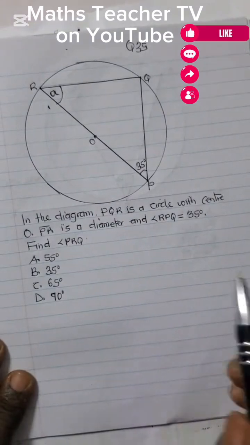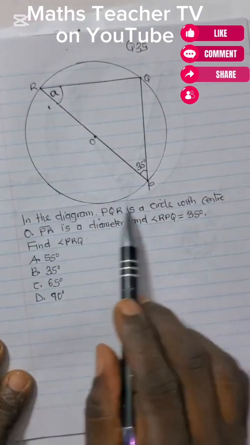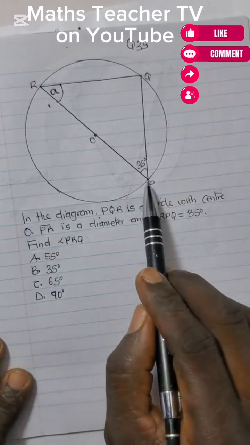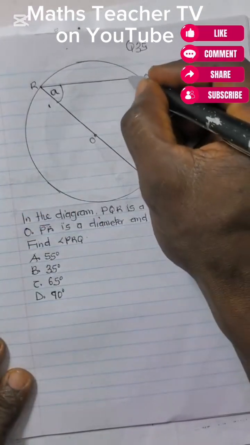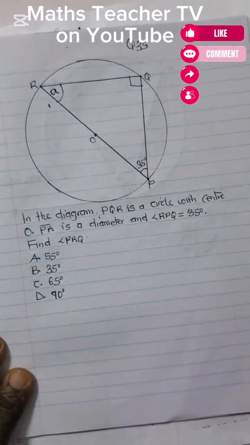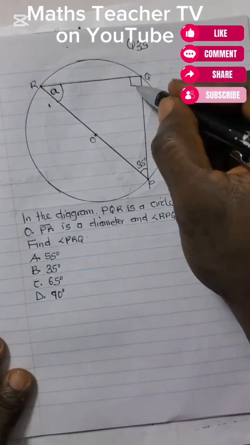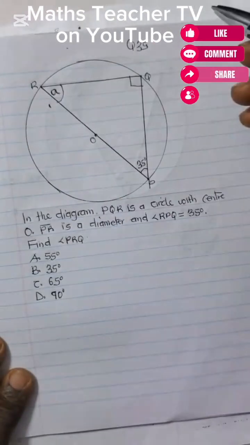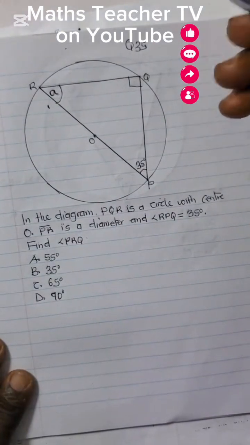All right, very simple. Straight away, in the question it was stated that the line PR is a diameter. If the line PR is a diameter, then this angle here is a right angle, that is 90 degrees. So if this angle is 90 degrees, then 90 plus 35 plus A, the sum of angles in the triangle, will give us 180 degrees.